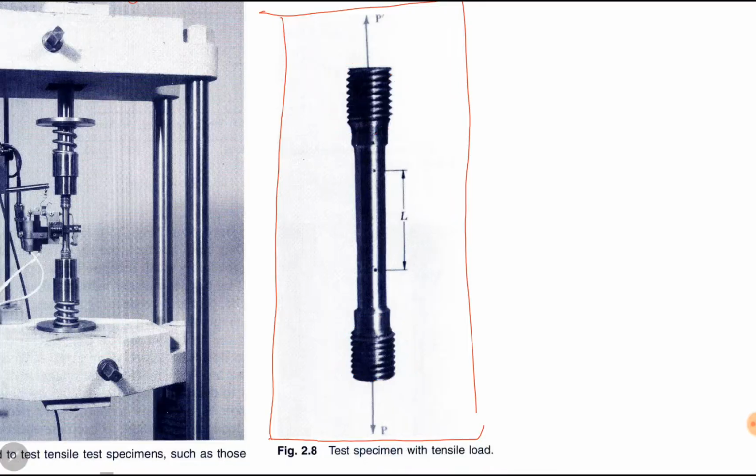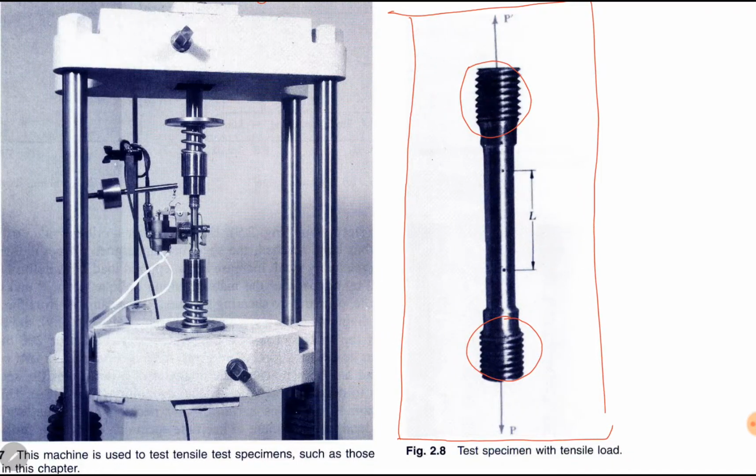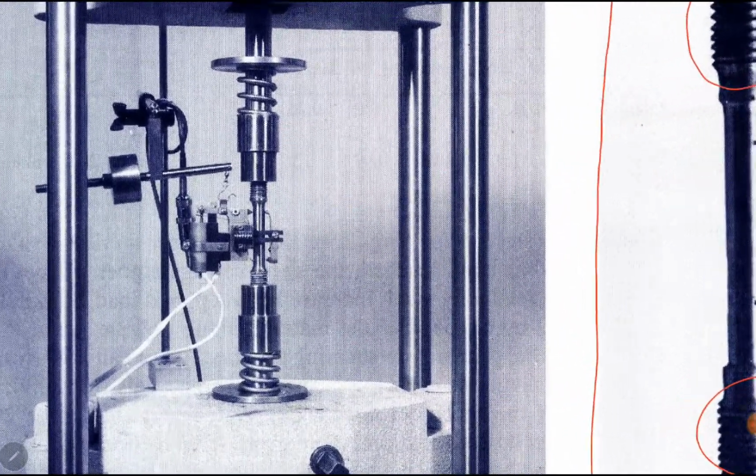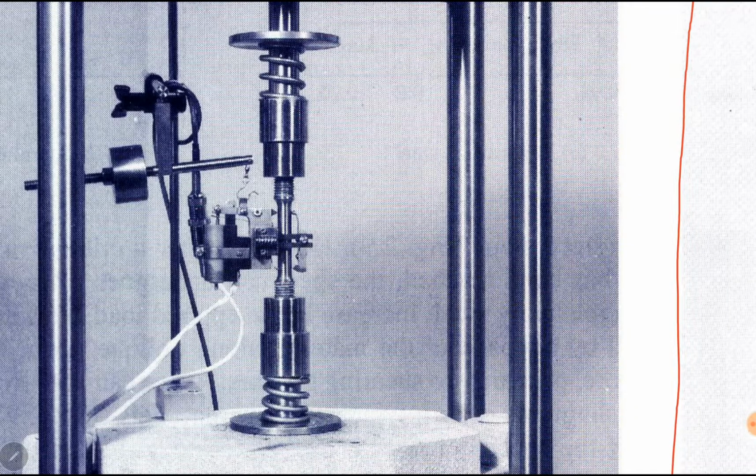The threads are for the purpose of being held in the machine. This specimen is held in the machine. The threads offer resistance so that when we apply forces, tensile or compressive, the specimen does not slip in the machine jaws. So the gripping portions are threaded.